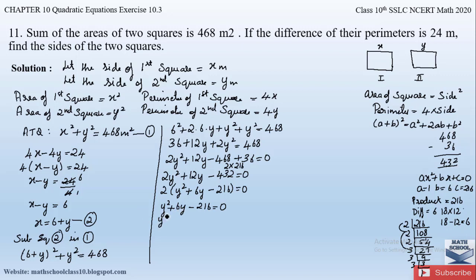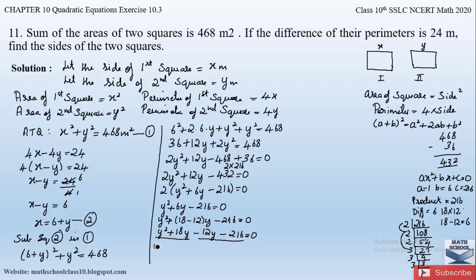So write down y square plus, instead of 6 we will write 18 minus 12 into y minus 216 is equal to 0. So let us open the brackets. Y square plus 18 into y will be 18y minus 12y minus 216 is equal to 0. Now let us take common between these two terms and these two terms.